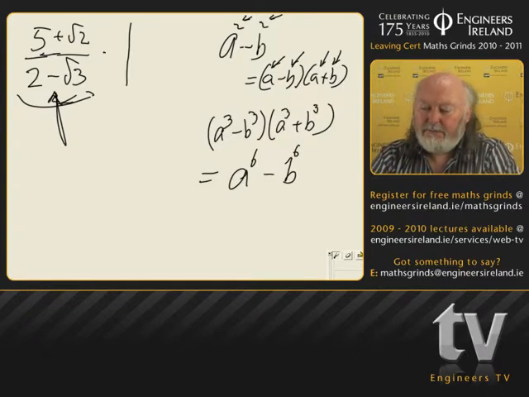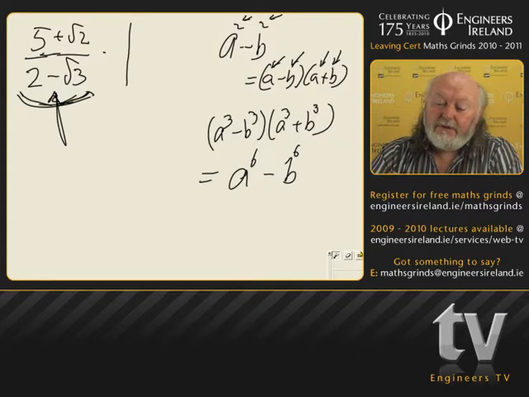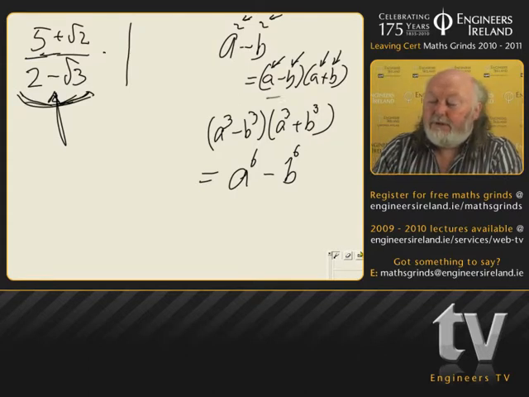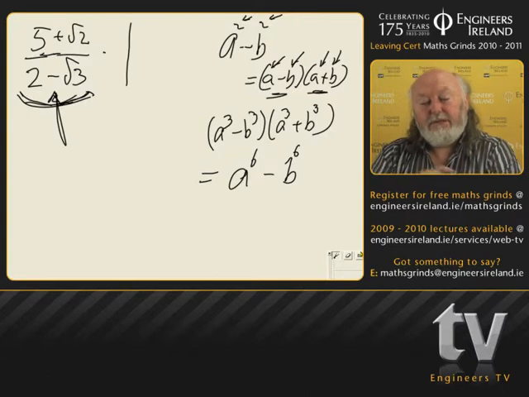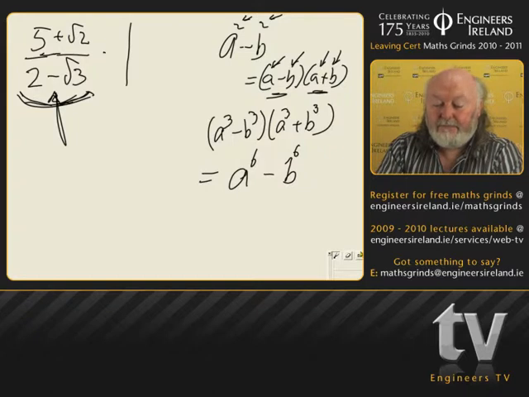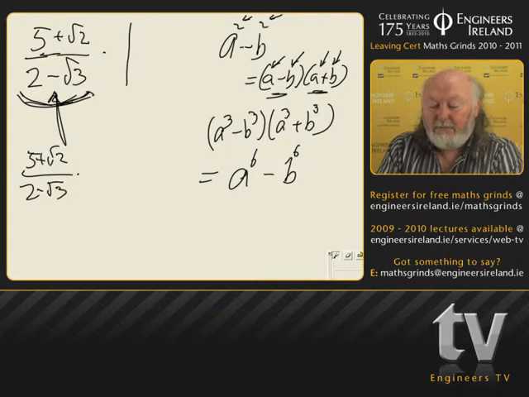How do you get rid of it? You look at this as being one of the two factors, either a one of this or a one of this, for the difference of two squares. So I'm looking for this guy's conjugate. So what we will have is 5 plus root 2 over 2 minus root 3. And I'm multiplying by 1 in the form of the conjugate of the lower number.